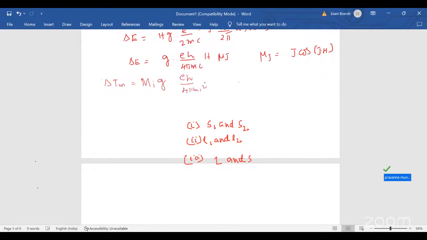This is given as L, which is the Lorentz unit. L is equal to eh by 4 pi mc square.